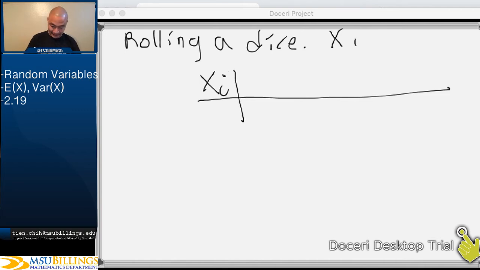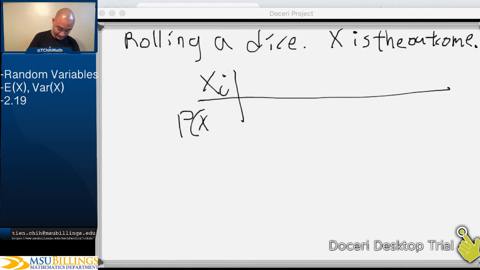I'm going to let x be the outcome, and there is a probability associated with each possible outcome.